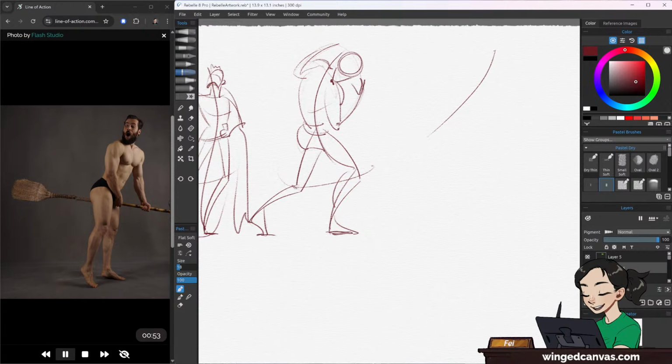This one's kind of funny. He's got an element of surprise, one leg's lifting, and then that broomstick, right?